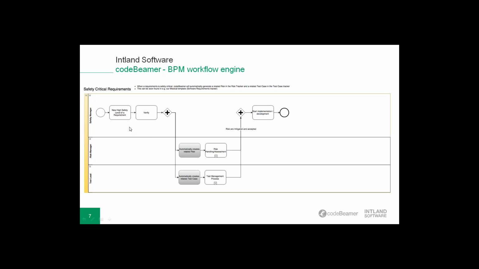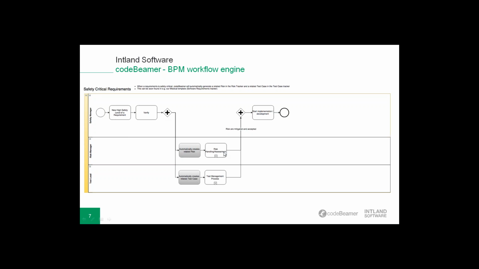So for example, if you have a requirement which is very safety critical, codeBeamer can automatically generate a related risk out of this high safety level requirement, and also automatically create a new related test case. But this is also fully customizable, so you can also derive other work items out of that, of course.